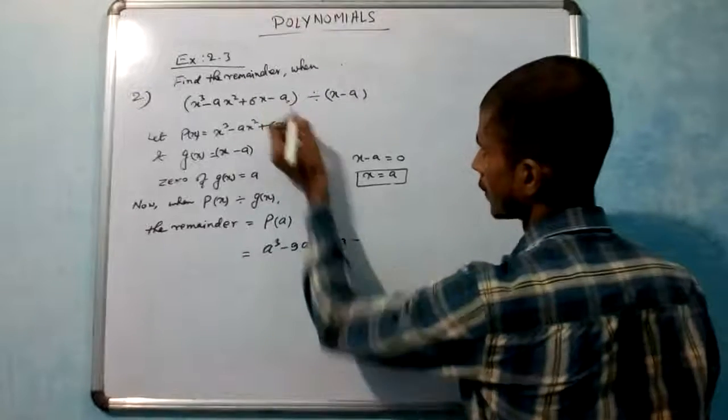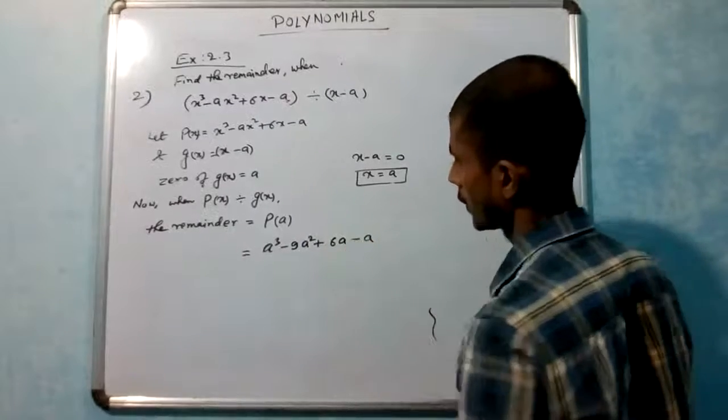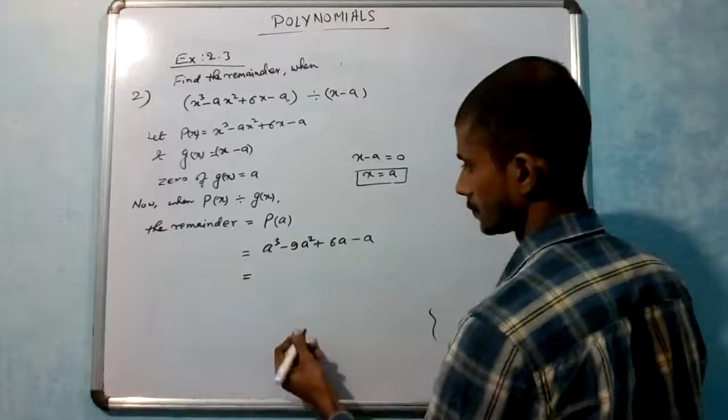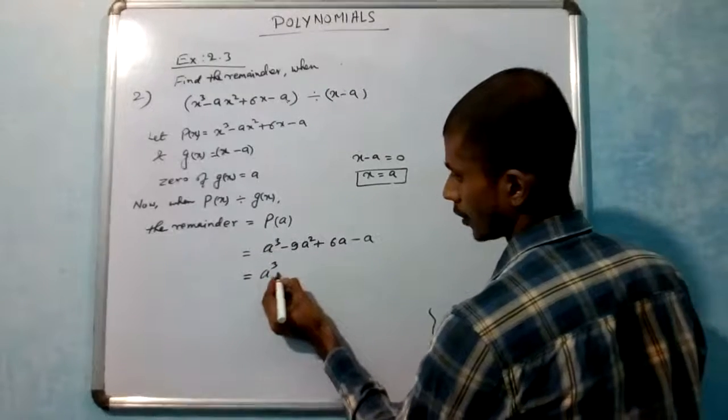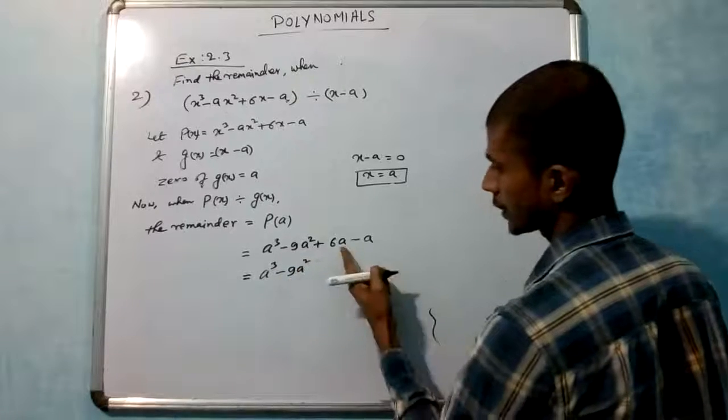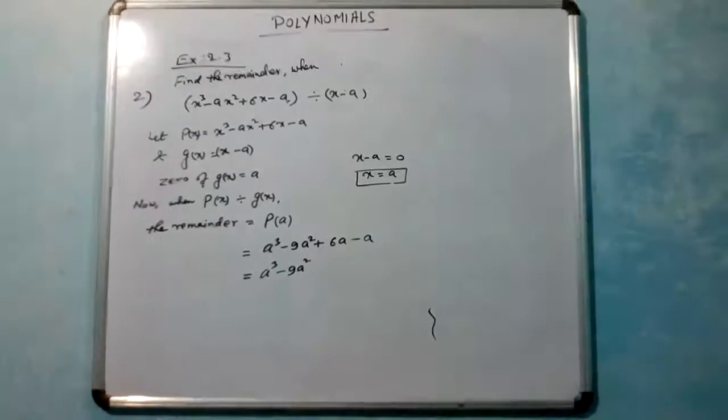a cube minus a squared... a cube, only a single term, so it will be a cube. a square, only a single term, a square. 6a minus a, how much?